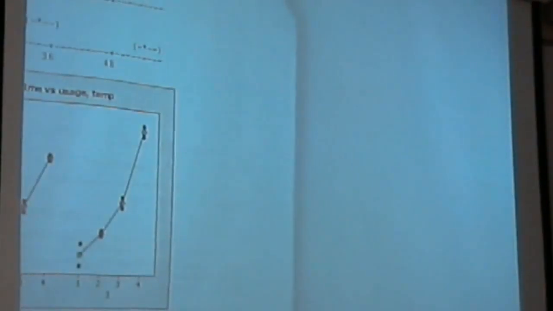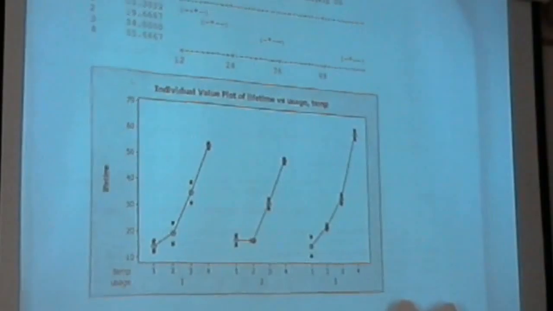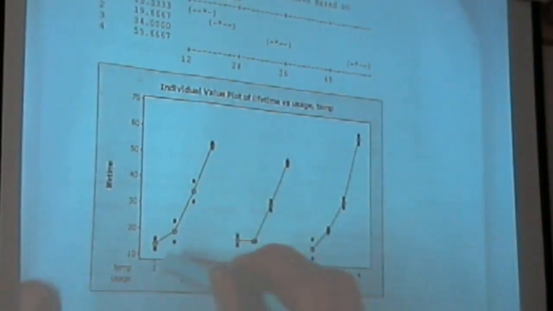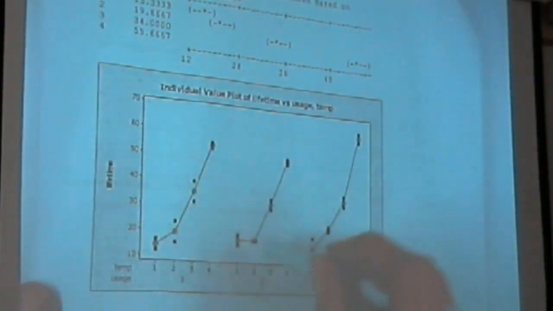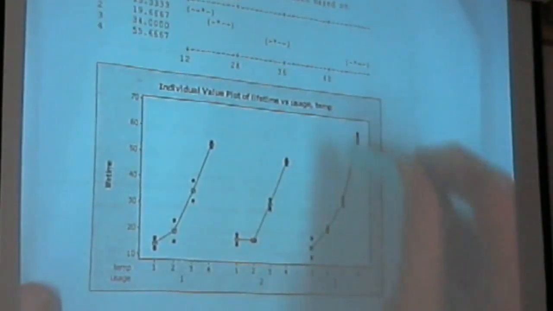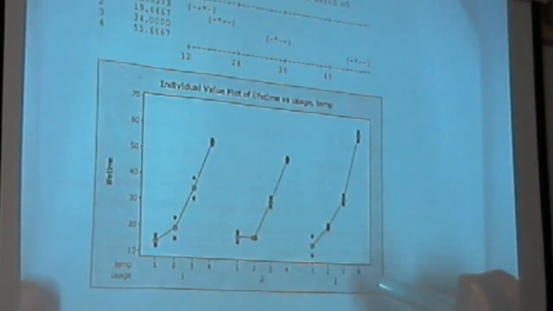You remember the ANOVA table. For temperature, the test was highly significant, and that shows up in the plot. As temperature goes from 1 to 4, the response jumps way up. So there's definitely a temperature effect.